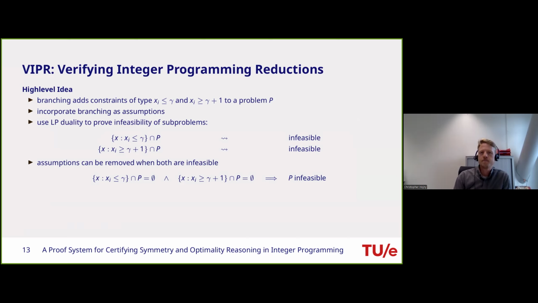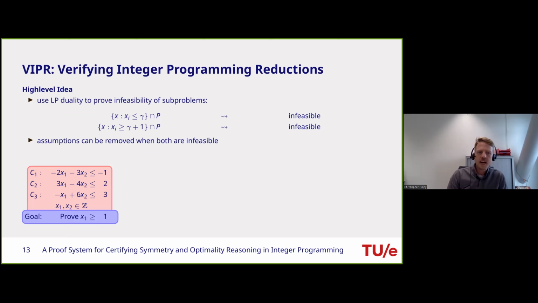So it says, let's assume that we have the additional property that xi is at most gamma, or let's assume that xi is at least gamma plus 1. And if we then consider these two subproblems with these two different assumptions that we made, and we can prove that both of them are infeasible, then we can also conclude that if we remove these assumptions, the entire problem P that we started with is infeasible.